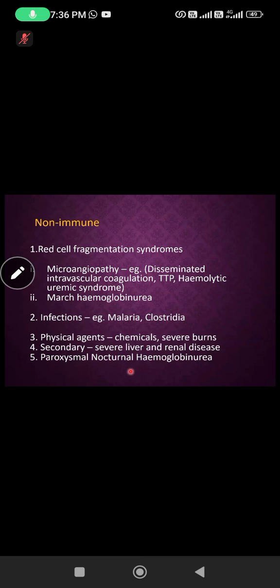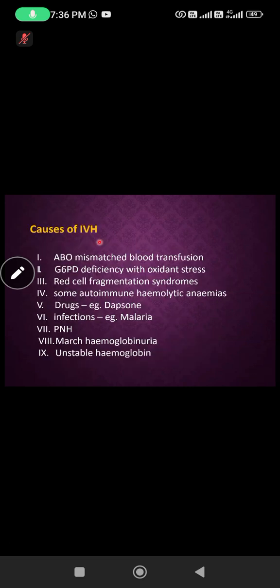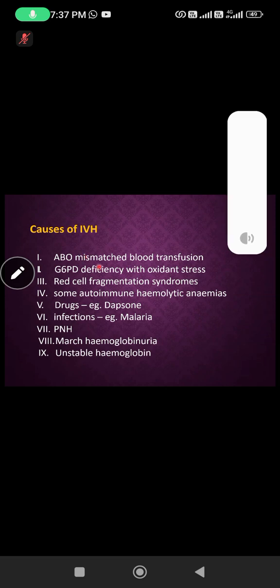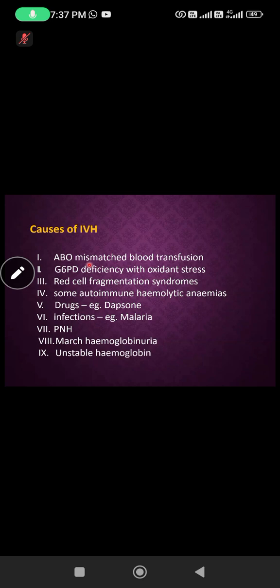Right. What are the causes of intravascular hemolysis? We discussed some of these causes earlier. ABO mismatch blood transfusion causing transfusion reactions, hemolytic transfusion reactions, and G6PD deficiency with oxidant stress.